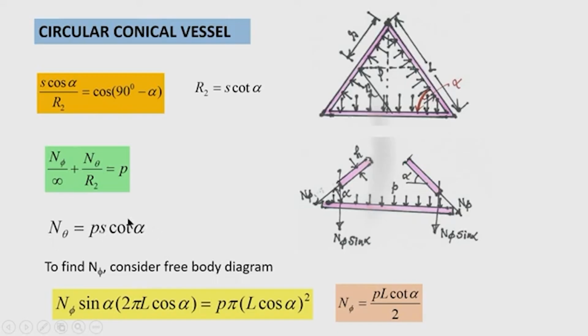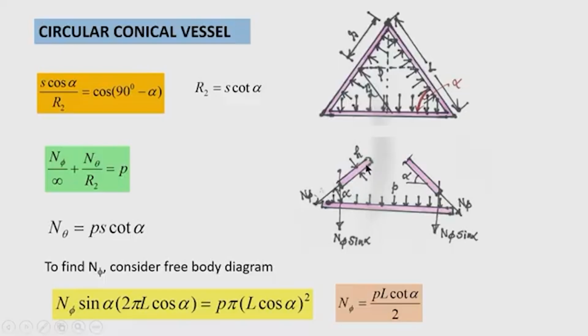Now, we want to find the meridional stress. The meridional stress can be found by the integral expression, or using the physical meaning of the integral expression. Here we will use the physical meaning instead of carrying out the full integration.